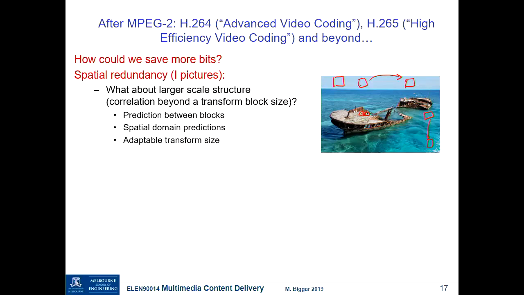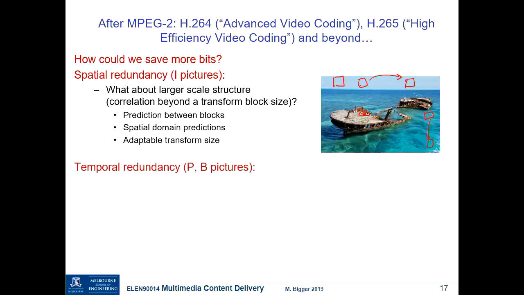H.265 just took the approach a bit further. So these more modern coders allowed prediction between blocks, allowed spatial domain predictions, and I'll illustrate each of these, and allowed for adaptivity of transform size. So instead of having this fixed transform size, we allow different size blocks.